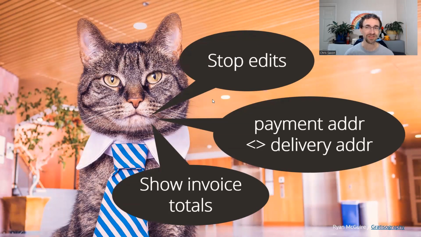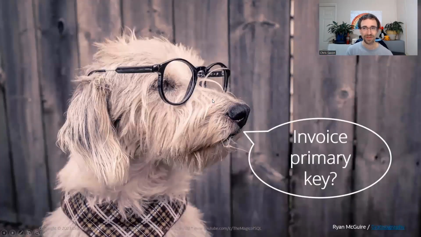So the first decision we've got to make is, what are we going to choose as the primary key? We're going to use surrogate keys for this, but there are two broad approaches we could use for deciding how to generate them.